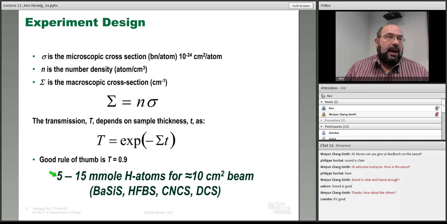But for something like water, it's a very small amount of material, and we'll look at that here in a minute. So for typical instruments in the US that have about 9 or 10 square centimeters of sample area, like BASIS or the Cold Neutron Chopper Spectrometer at the SNS, or the High Flux Backscattering Spectrometer and Disk Chopper Spectrometer at NIST, this is about the rule of thumb that you'd like for a sample.